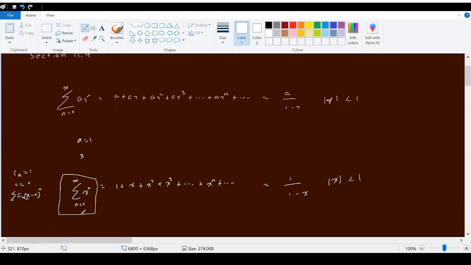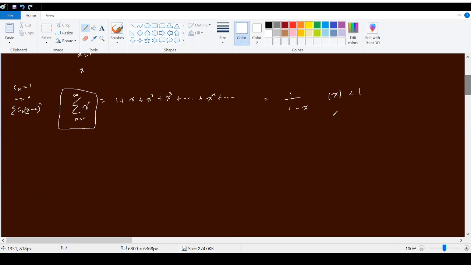So this is in the power series notation. Since we have a power series, now we can compute the radius of convergence, right?